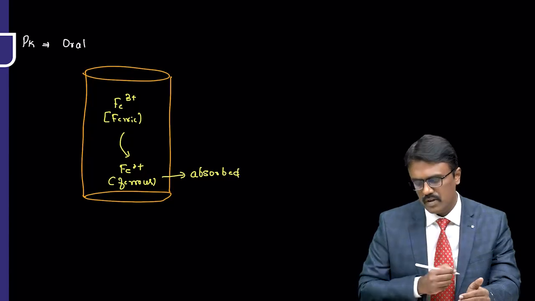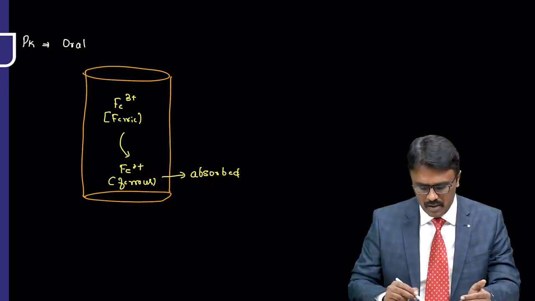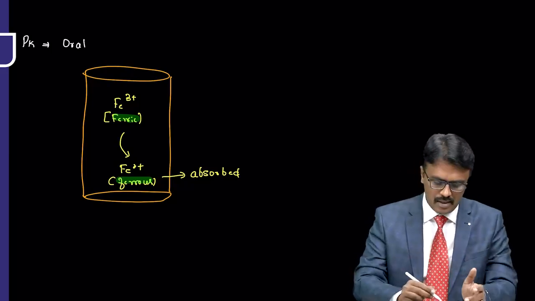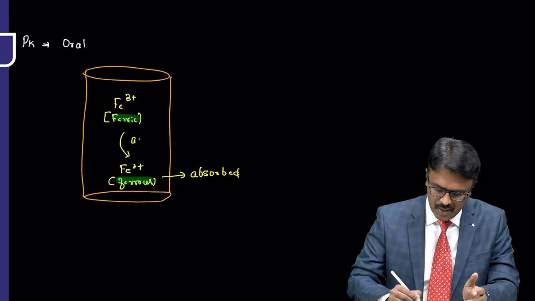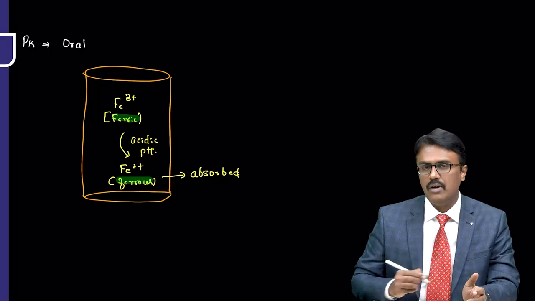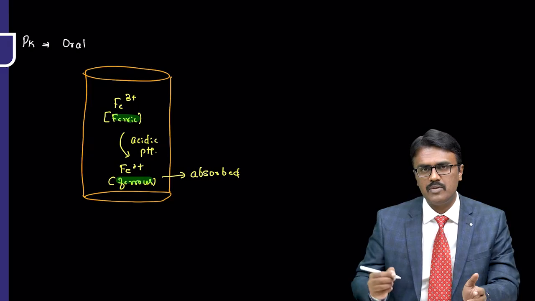The environment that converts ferric to ferrous should be acidic pH, which favors iron forming ferrous, which is easily absorbed.